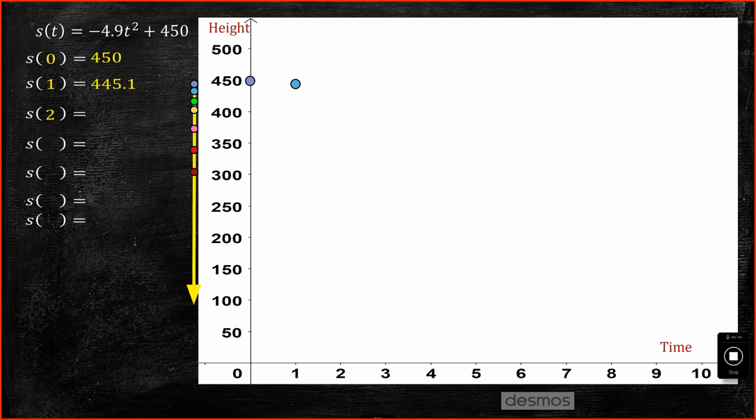So at time equal to 2, what did we get? 430.4. Time equal to 3, what is it?